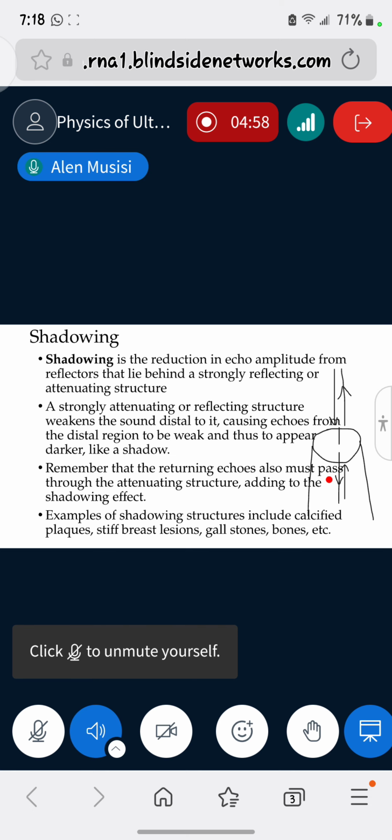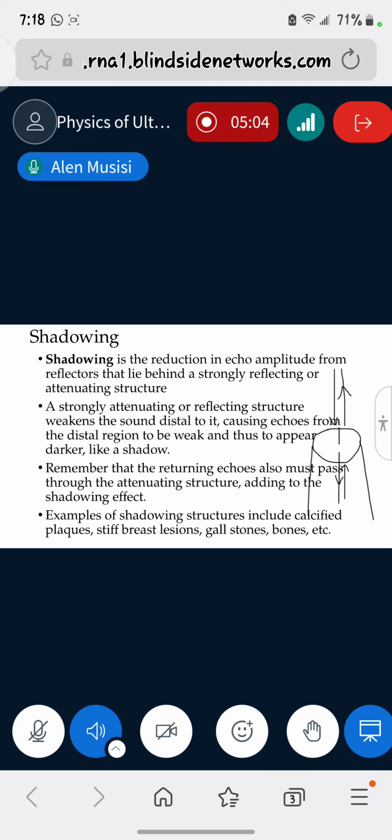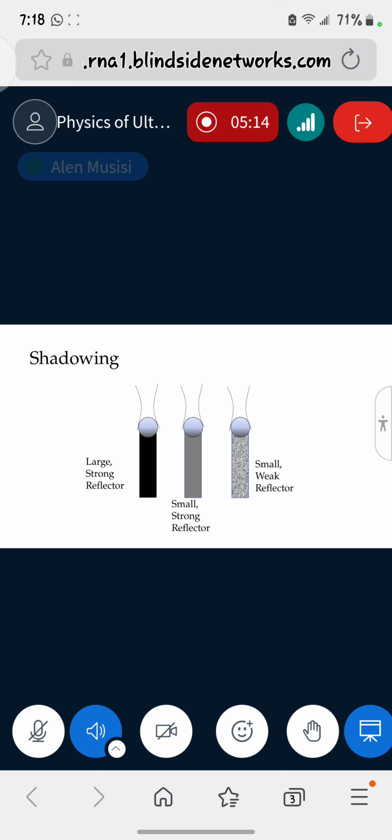For example, bones, stones. They are giving you here the stiff breast lesions. They can all create these shadows. Here they are showing you different structures of different sizes and the shadows they create.